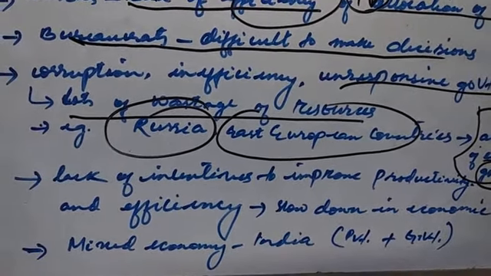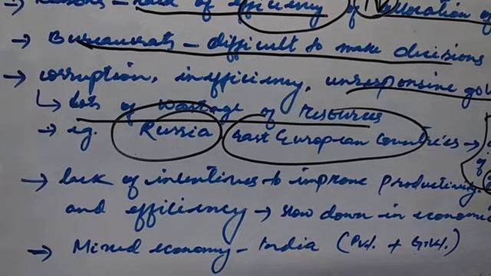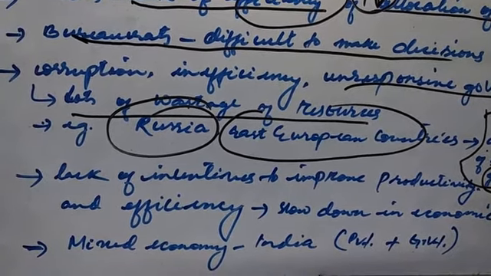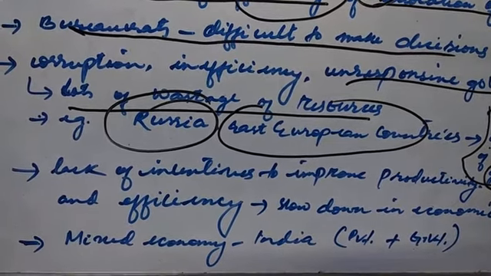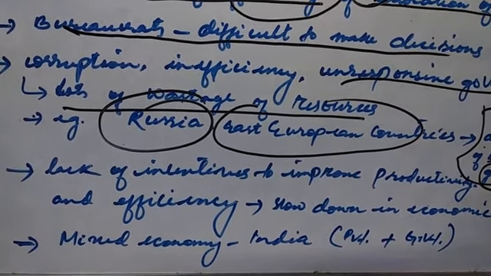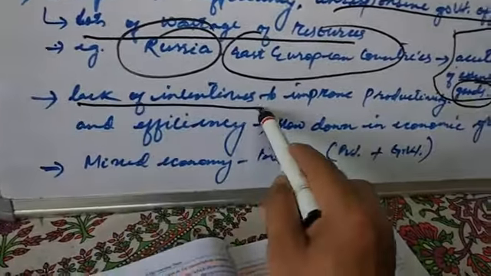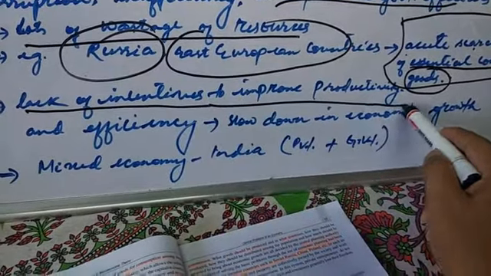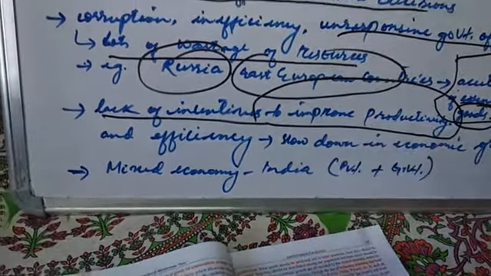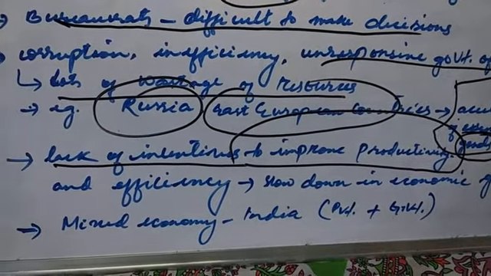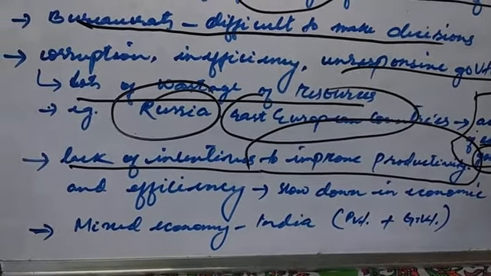So we shall see the next factor which led to the collapse. Another important reason for the failure of centralized planning was that the managers of public enterprises lacked incentives to improve productivity and efficiency.